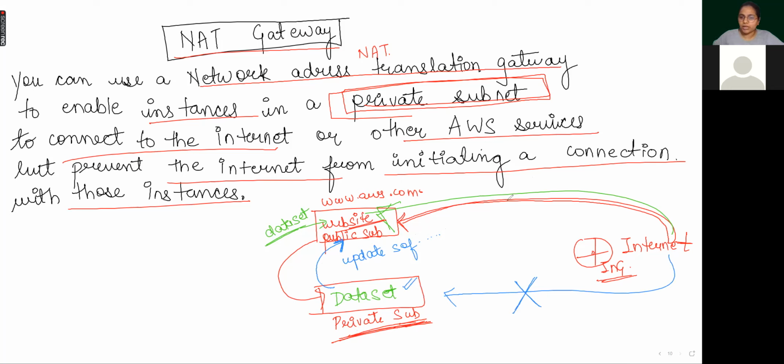So what we have done is create a NAT gateway here. This will allow the data set to use the NAT gateway to access the internet, and whatever you have asked for, they will give you, and the updates will be done.